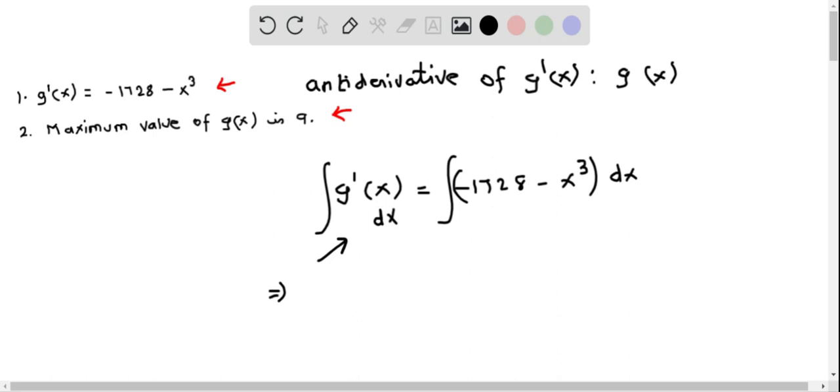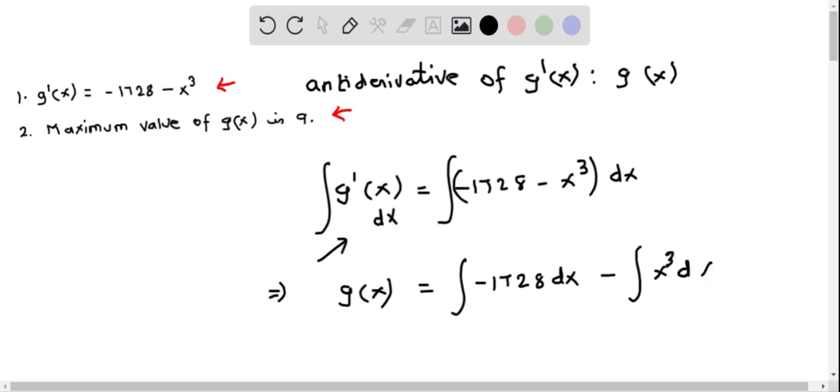So here we are finding the integral of the derivative of g of x, so we will get g of x. And this side we can split into two integrals. First I'm splitting this as minus 1728 dx minus the integral of x cube dx.